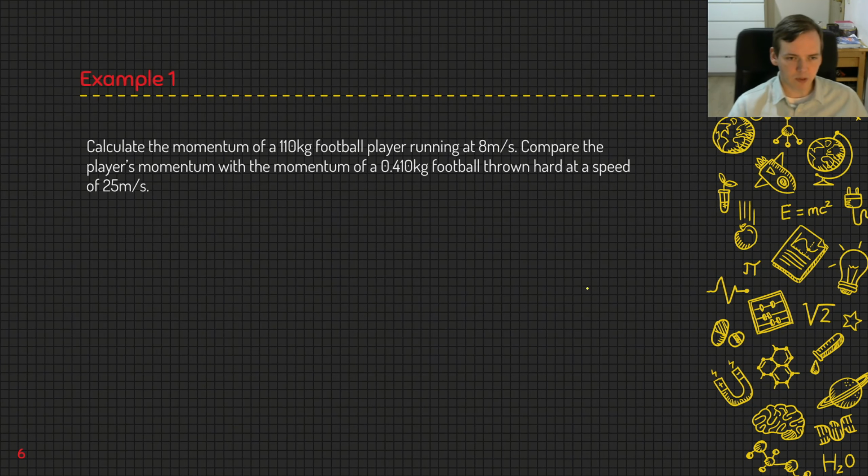So our first example is to calculate the momentum of a 110 kilogram football player running at 8 meters per second. Compare that player's momentum with the momentum of a 0.410 kilogram football thrown at a speed of 25 meters per second. First, the momentum of the player equals the mass of the player times the velocity of the player.